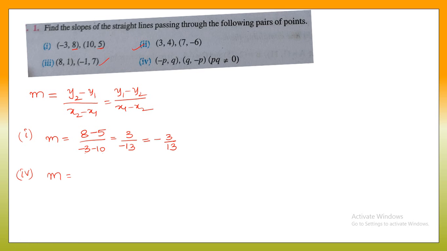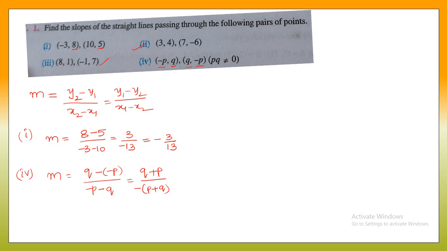So m is equal to y1 minus y2, which is nothing but q minus of minus p by x1 minus x2, which I can write as minus p minus q. So q minus of minus p is nothing but q plus p, divided by minus of p plus q.